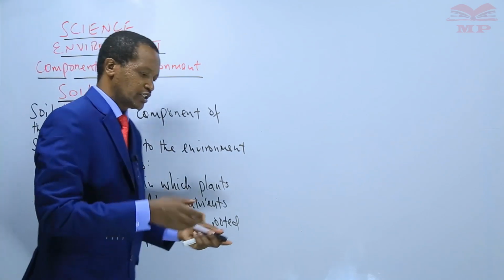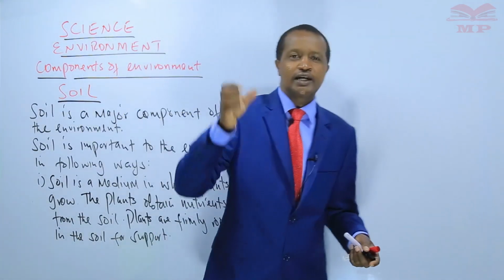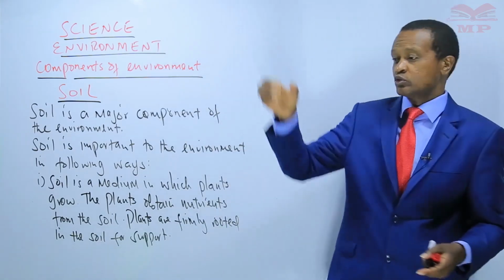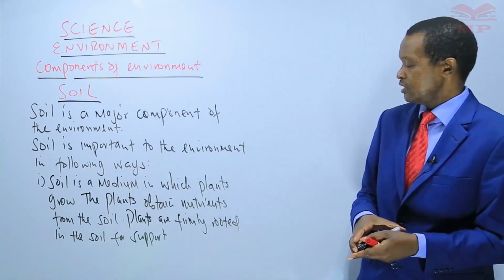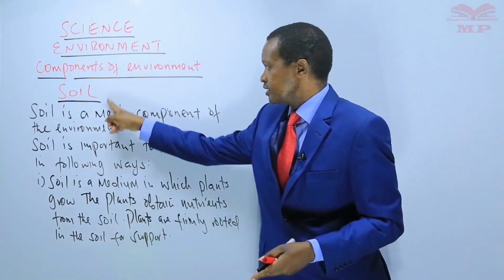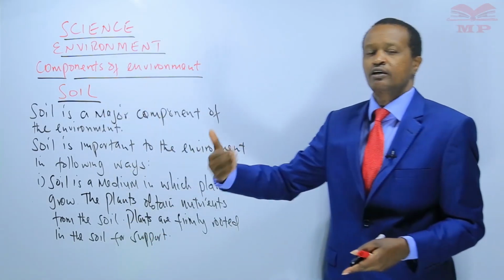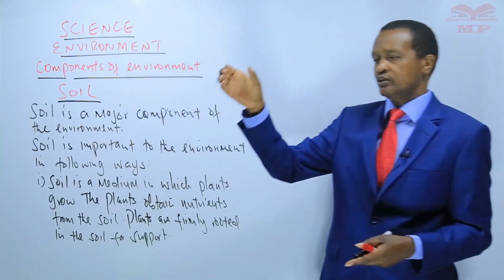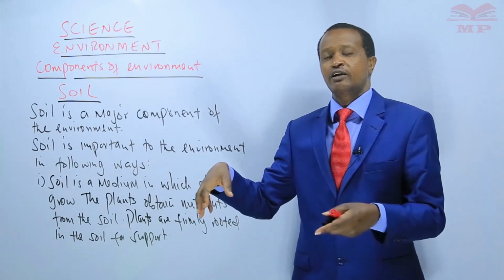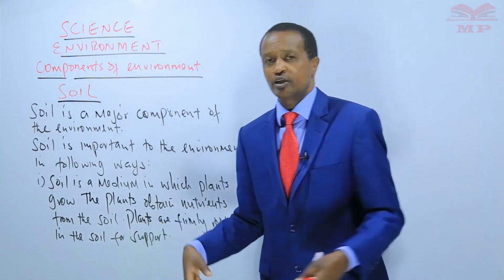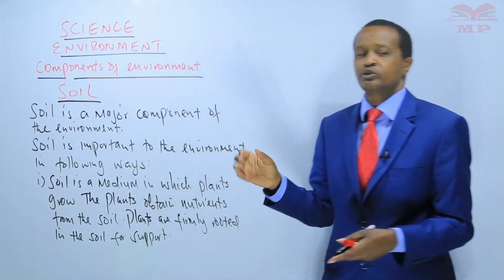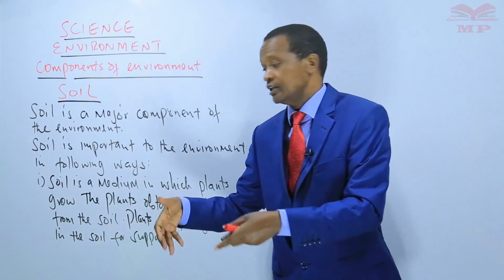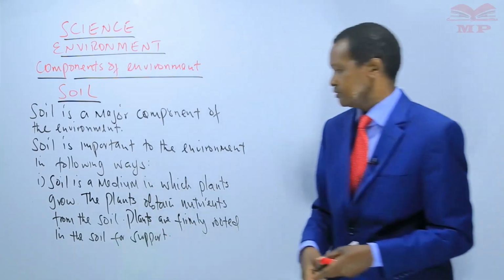A plant cannot just be planted in the air. No, because of gravity, it will fall on the ground. So it is this soil that supports plants because the roots of the plant are firmly rooted in the soil. It's the soil that helps the plants to be firmly rooted in the ground.